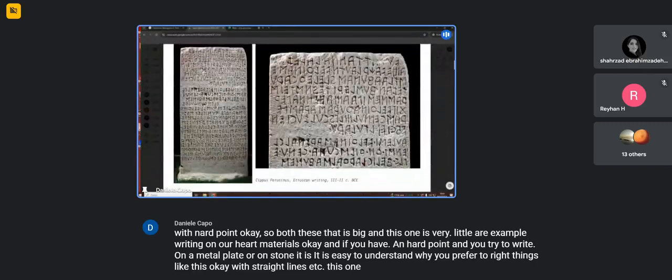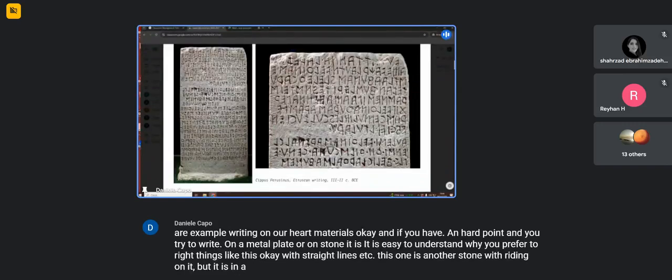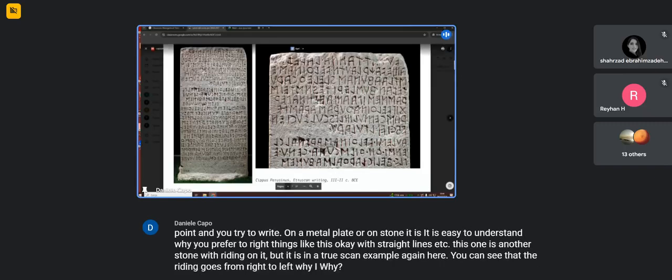This one is another stone with writing on it, but it is an Etruscan example. Again, here you can see that the writing goes from right to left. Why do I say that you can see it?